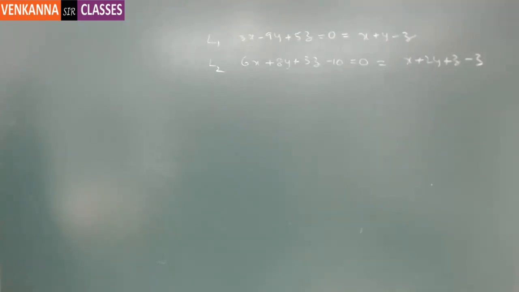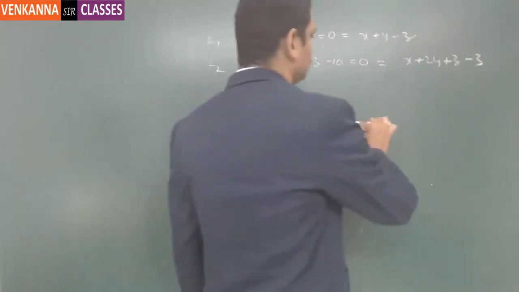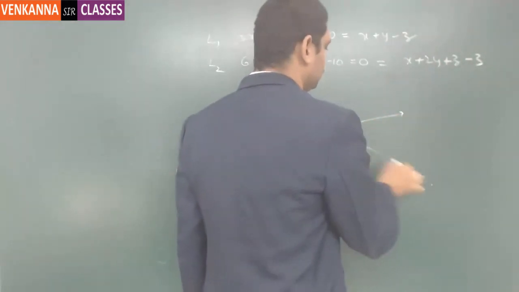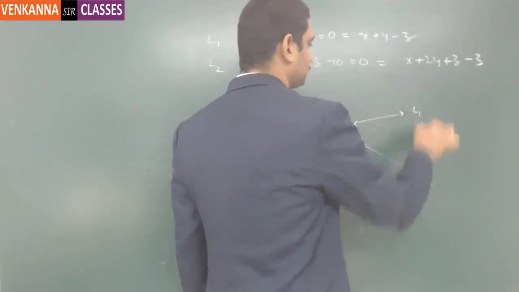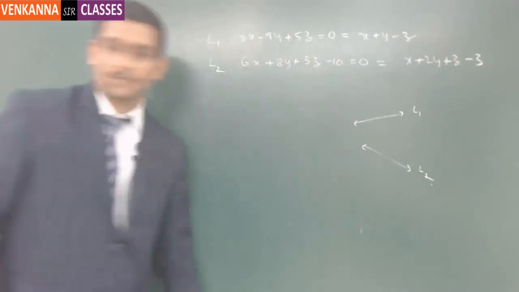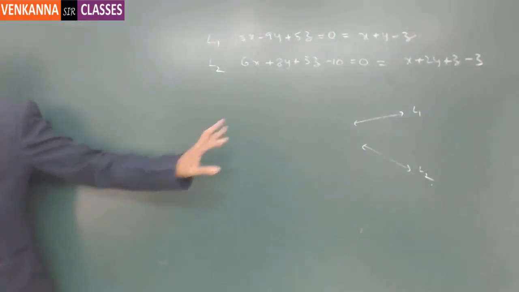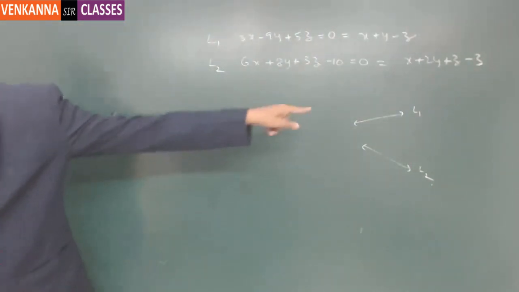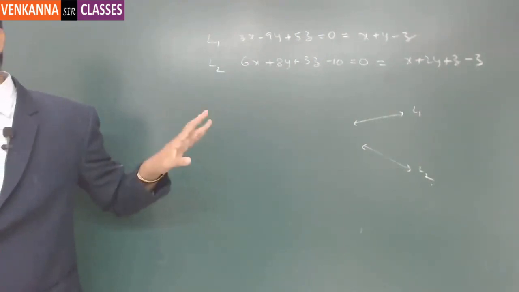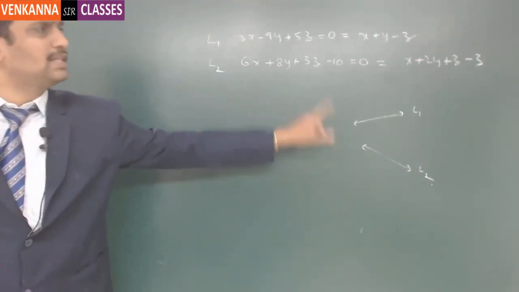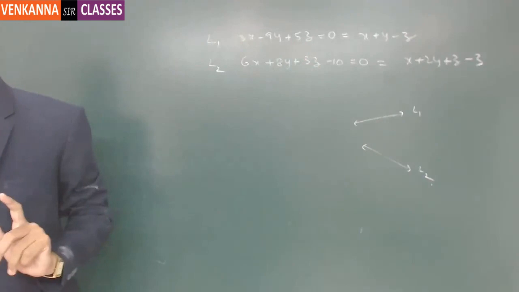So to avoid confusion in drawing the diagram, straight away I take that, so I am not writing the unsymmetric form in the picture. You need to understand that these are two lines given in unsymmetric form.